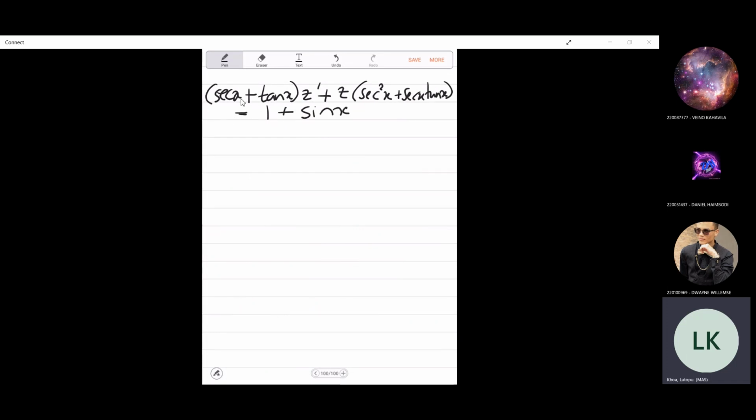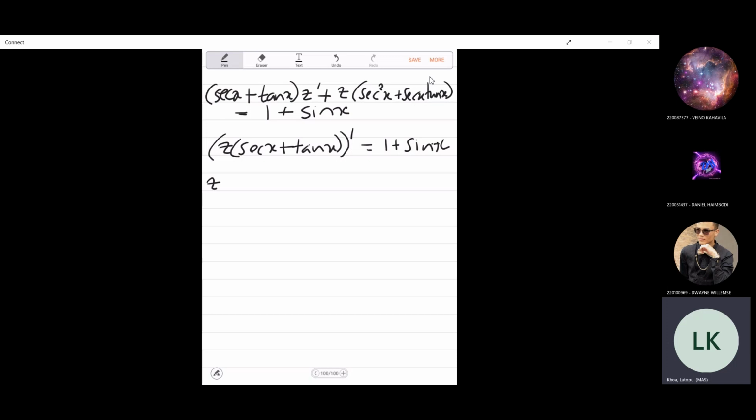Okay, then we look at what we have here. This we can just condense to z multiplied by (sec x plus tan x) prime, which is 1 plus sine x. And then to get rid of the prime, we integrate on both sides.